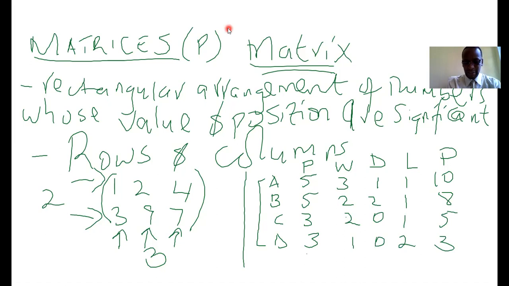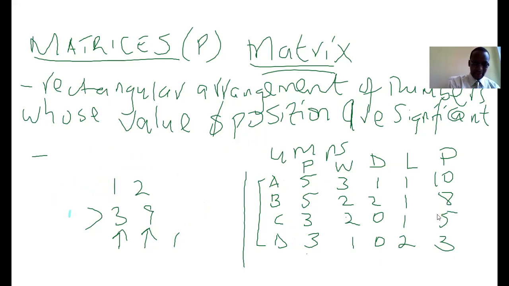of these points, you can see that we have the horizontal arrangement showing the rows, the vertical arrangements, that is the columns, showing the outcomes. We can put that information not the way it is in a table, but we can also put it as a matrix. So if we put it as a matrix, it is going to be something like this.